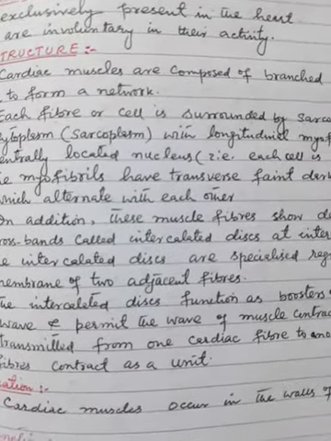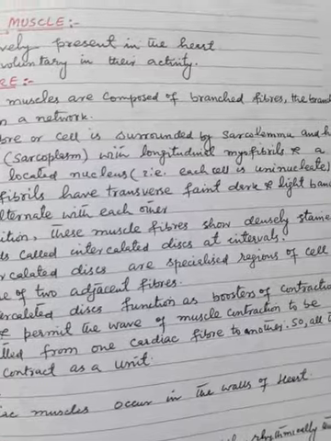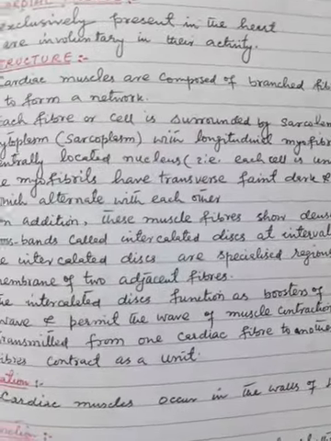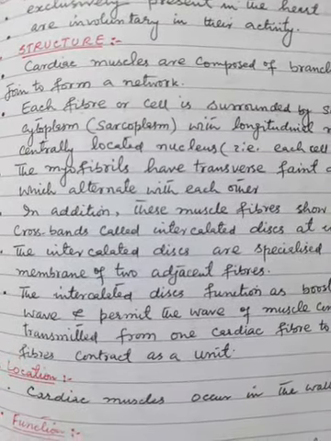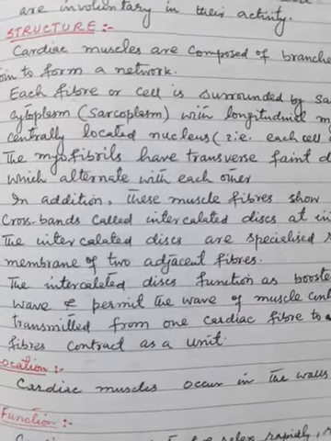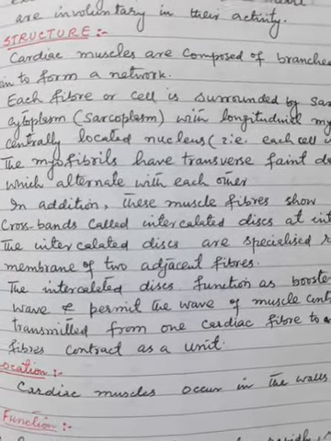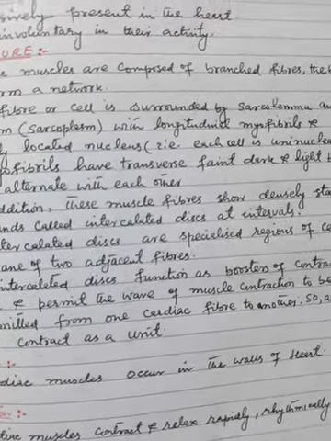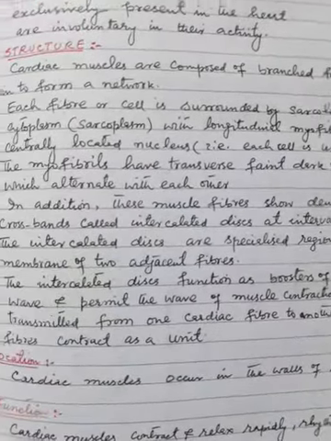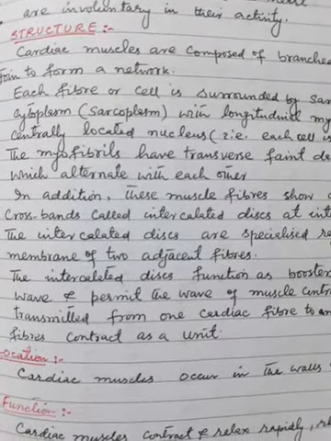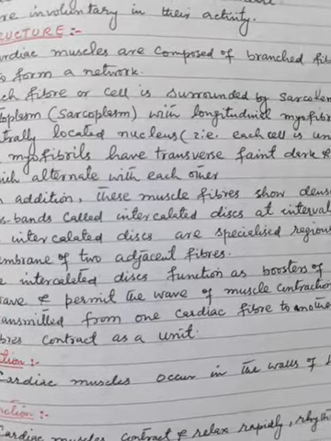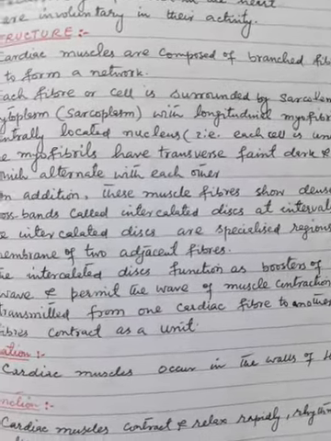The myofibrils have transverse faint dark and light bands which alternate with each other. In addition, these muscle fibers show densely stained cross bands called intercalated discs at intervals.